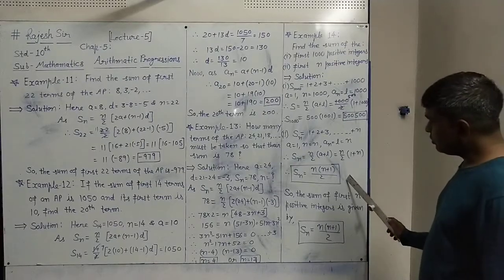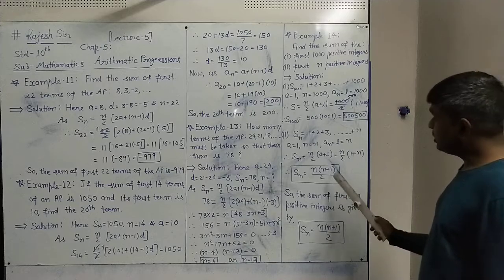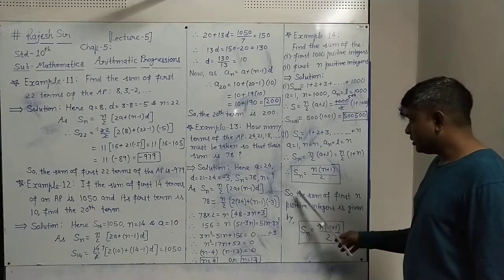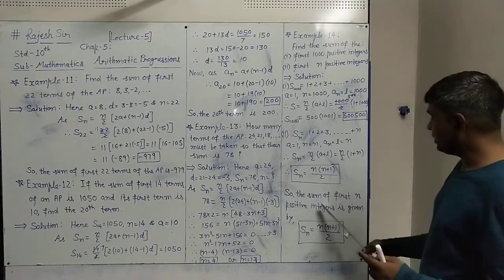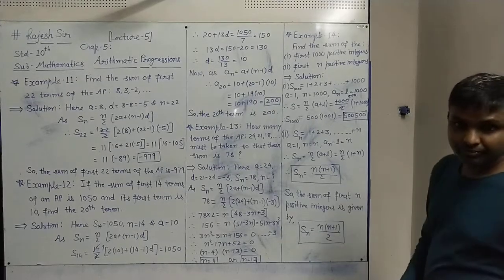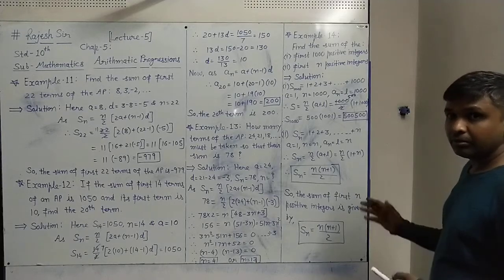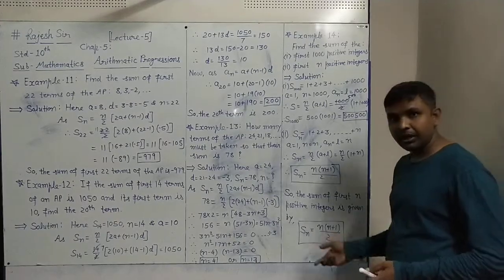This we have to note down for the next coming examples and questions also. This is a very important formula. The sum of the first n positive integers is given by Sn equals n into (n plus 1) by 2.